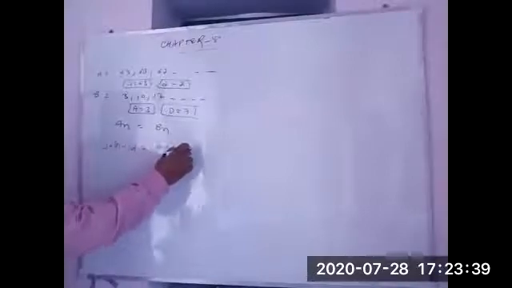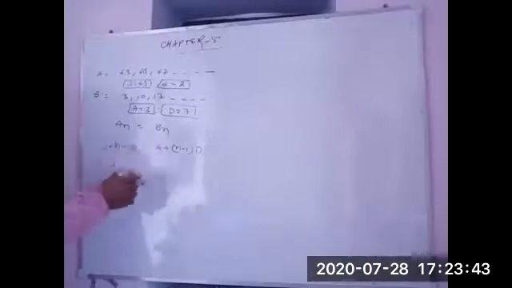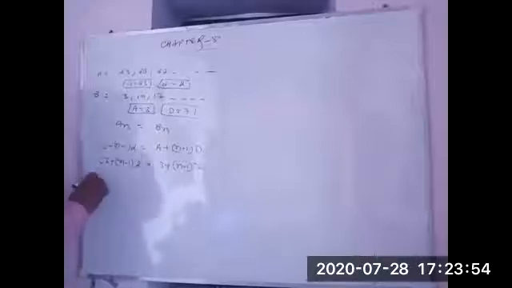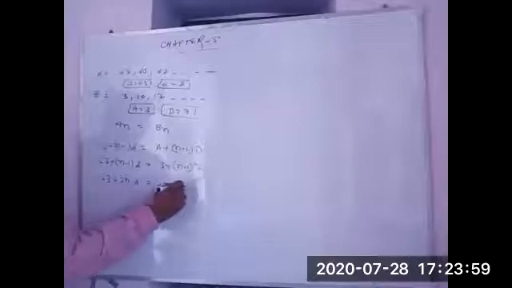A plus n minus 1 d. I have made the changes here, small and capital. 63 plus n minus 1 times 2 equals 3 plus n minus 1 times 7, the value of D. 63 plus 2n minus 2 equals 3 plus 7n minus 7.